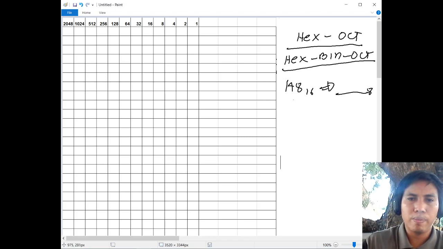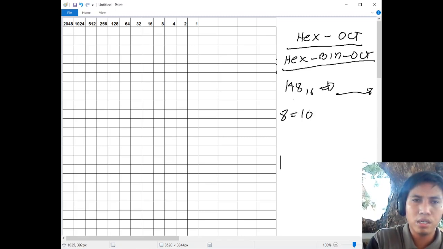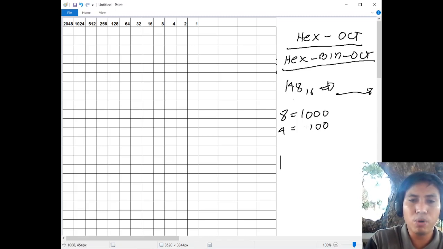Okay, so what is the equivalent of 8 in binary? That would be 1, 0, 0, 0. Take note, that is 4 bits because we are talking about hexa. 4 is actually 1, 0, 0, but we need 4 bits.